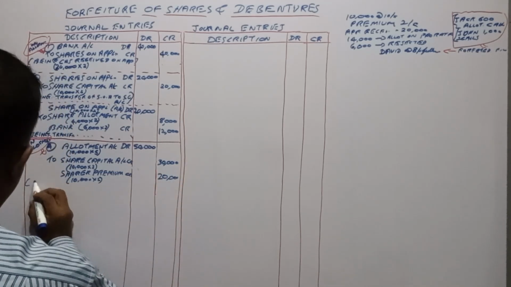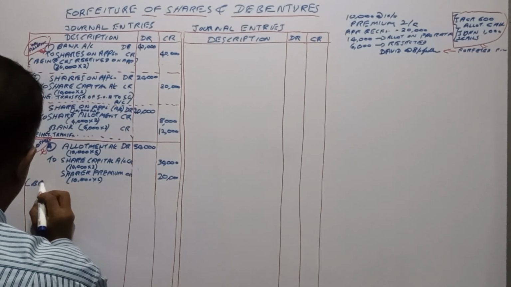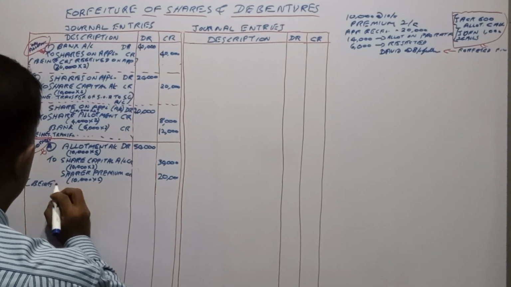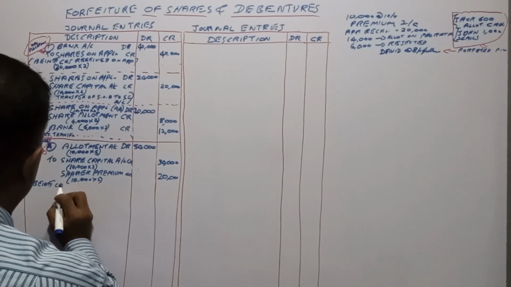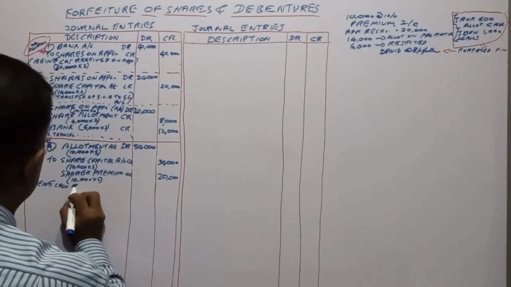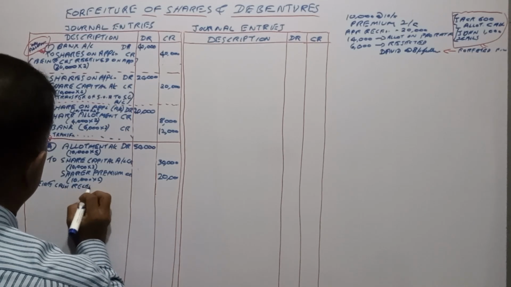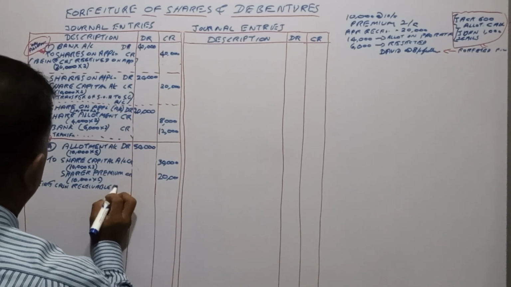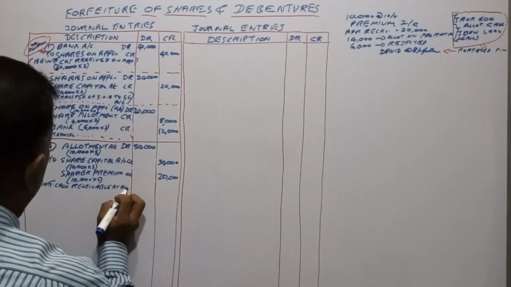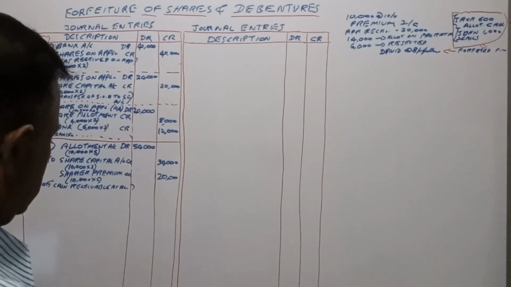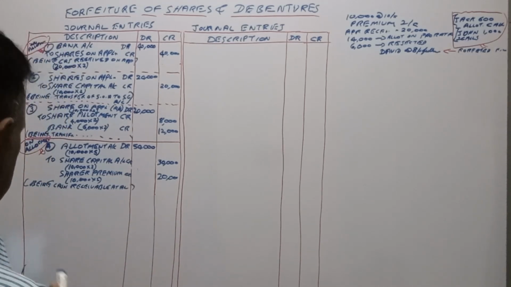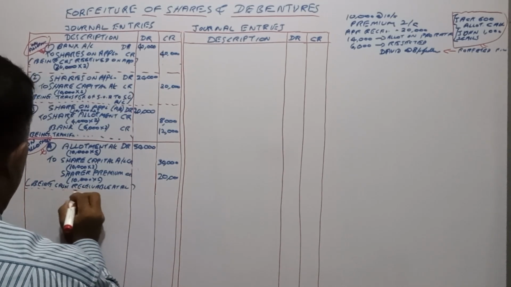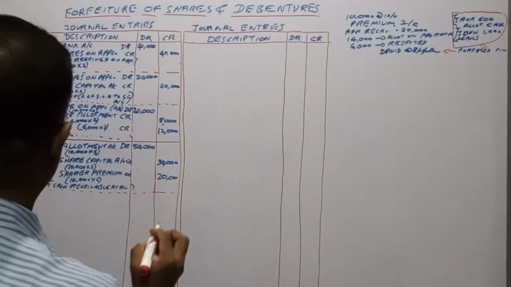You will write, being cash receivable at allotment level, right? You have to write it down. That is the first journal entry for the allotment level.